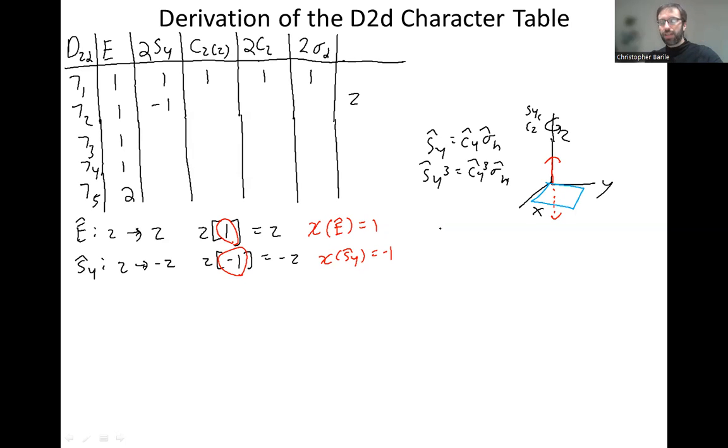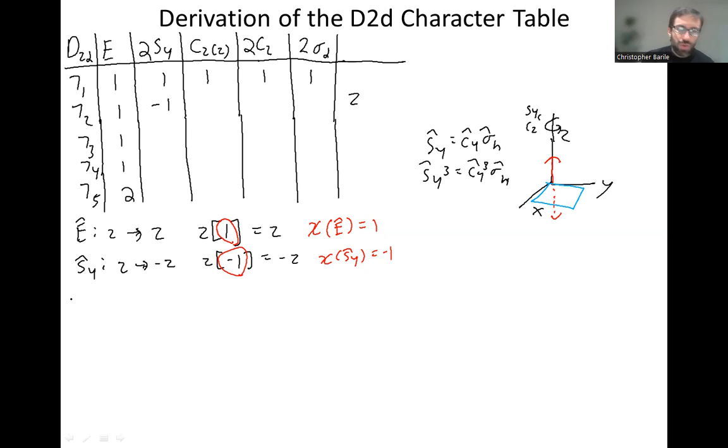Anything in the same class will give the same character. And so it's another way of thinking about what it means to be in the same class. Okay? And the character really embodies that key quantitative information about what this transformation does in this symmetry space, what this class of operations, each of those operations do.